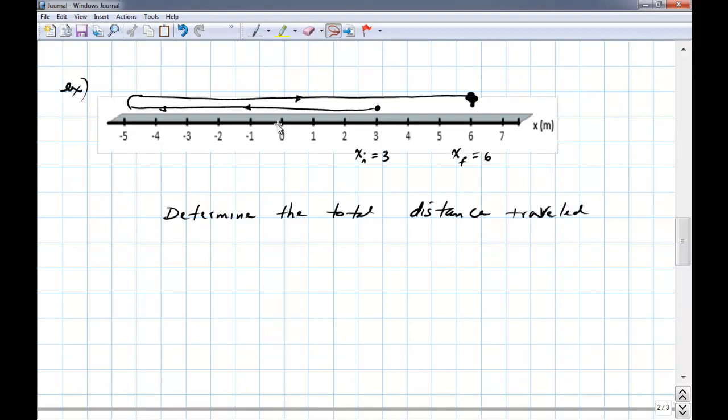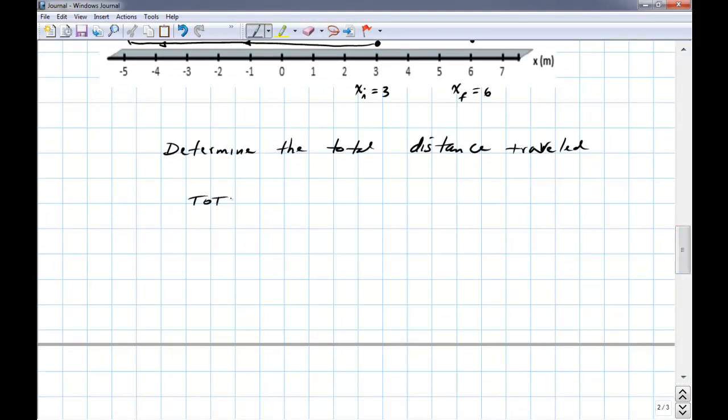Now that we have a path drawn, it is possible to determine the total distance traveled. And what we'll note is, for a while the person's traveling to the left. And what I'll do is I'll calculate the distance that the person was traveling to the left. And then for the second interval, the person was traveling to the right. We'll compute that distance as well. So we'll break this calculation into 2 parts.